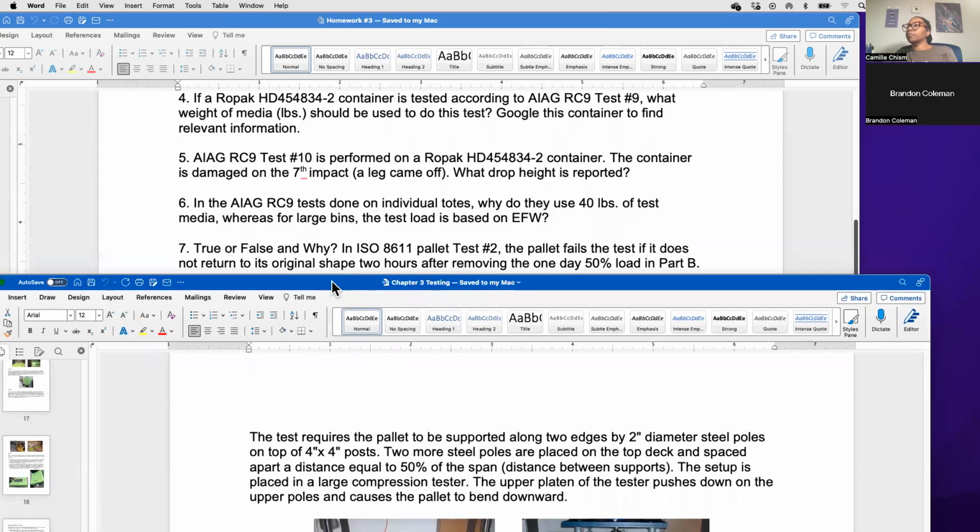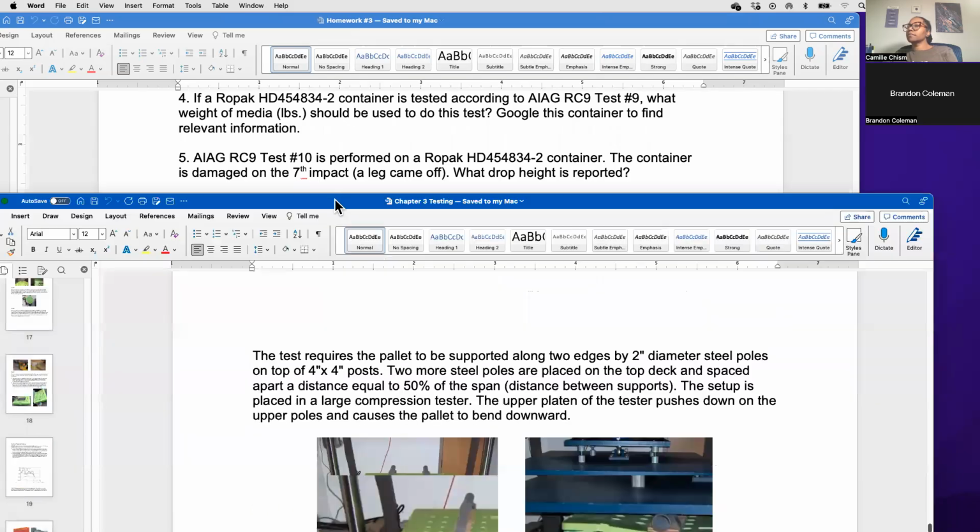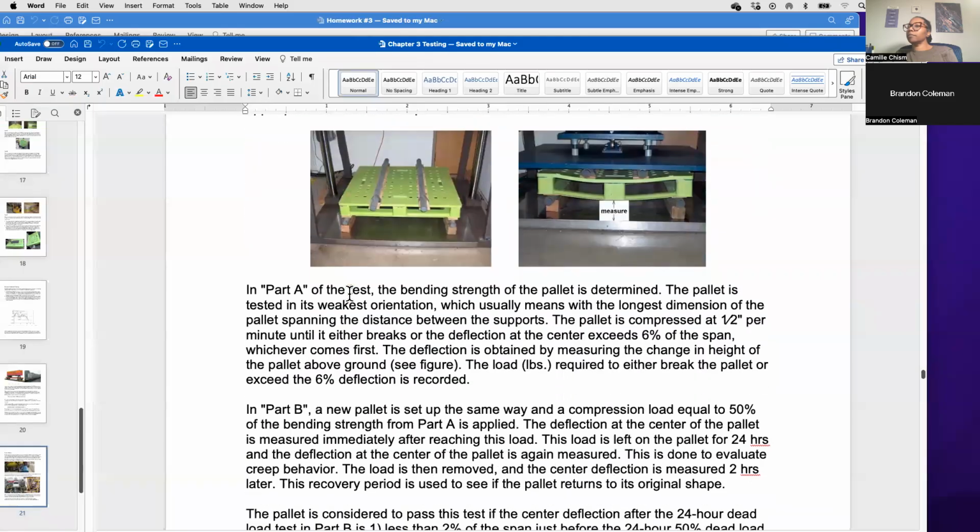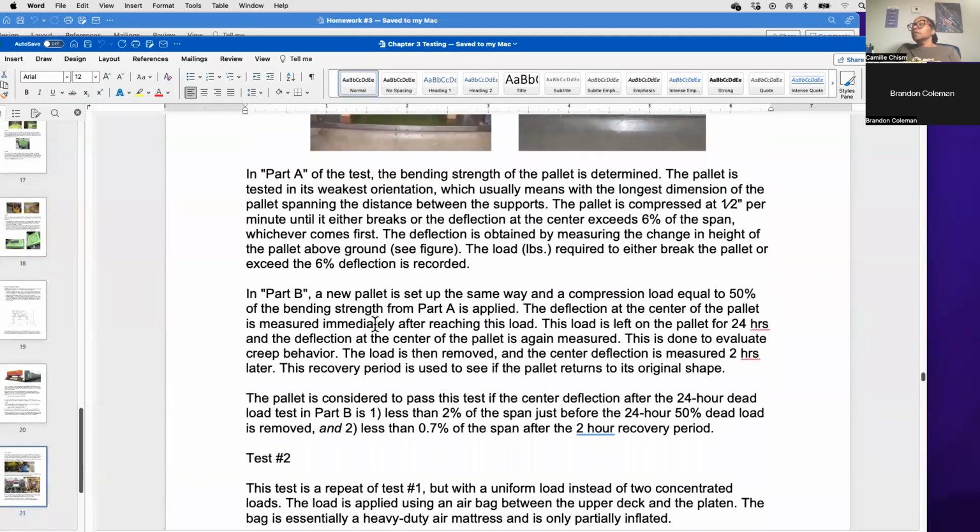And this is again in part B. So we'll go down to part B.